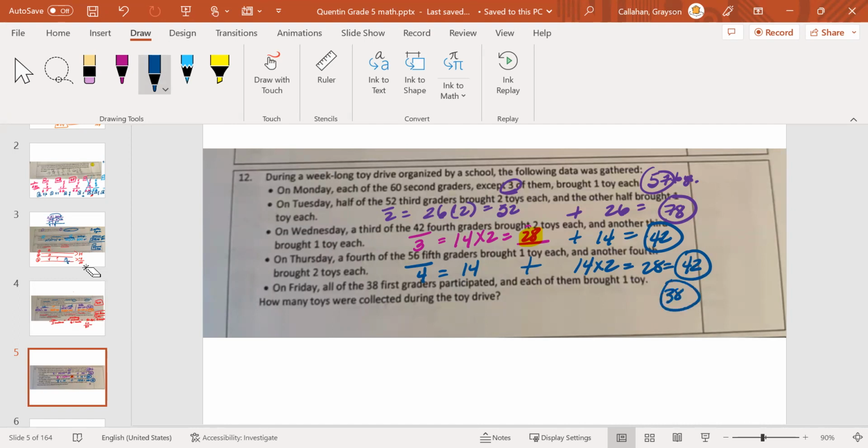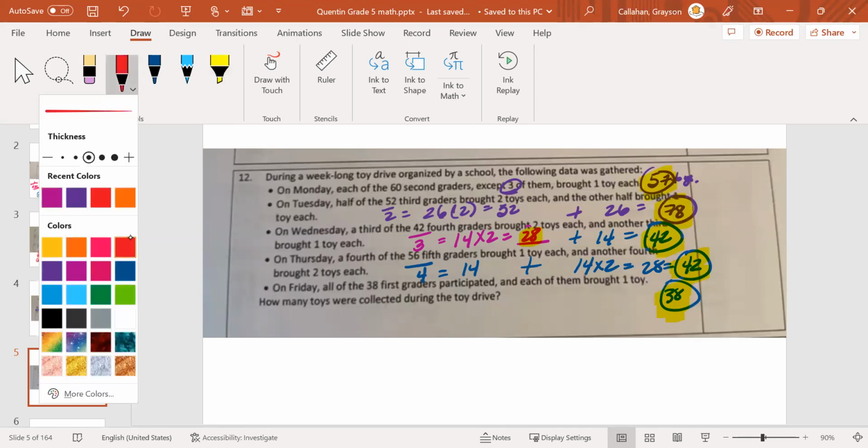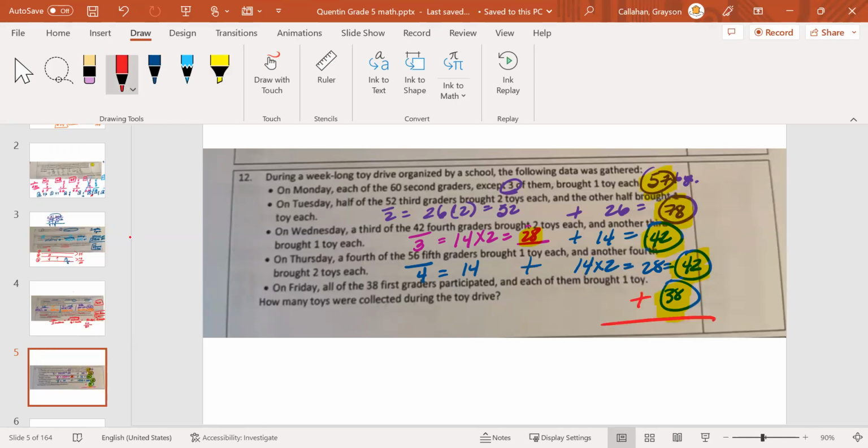So that's 38. So now you're going to take 57 plus 78 plus 42 plus 42 plus 38. You need to add all of that together.